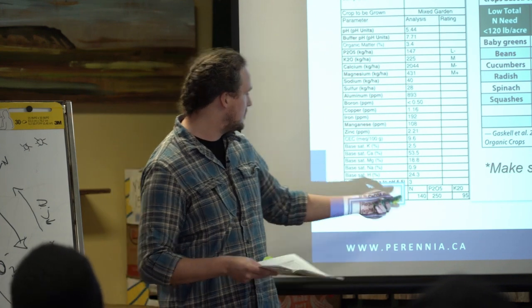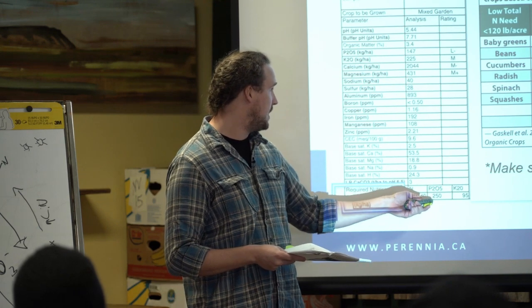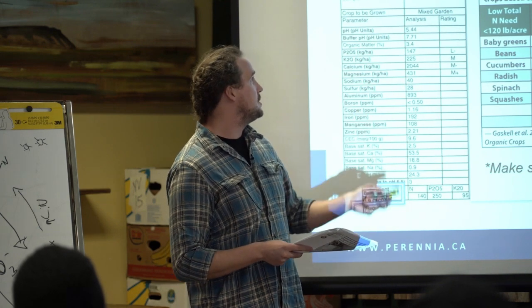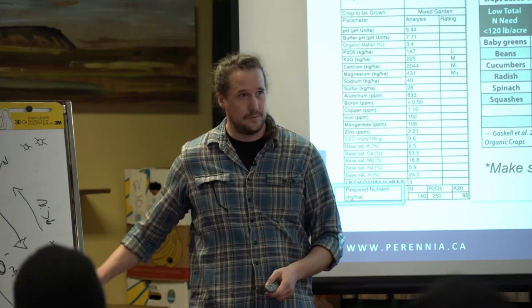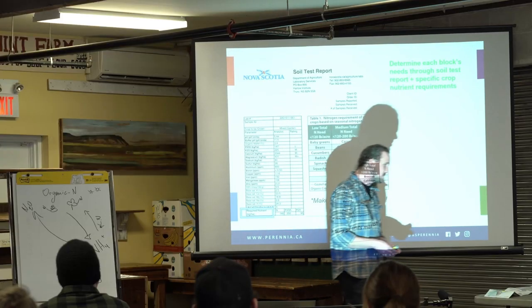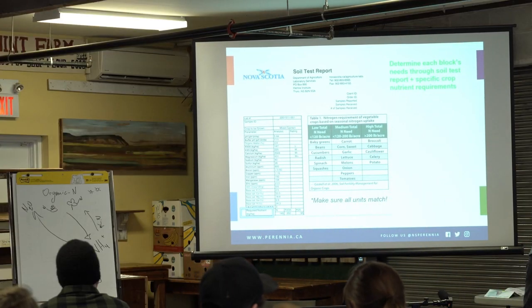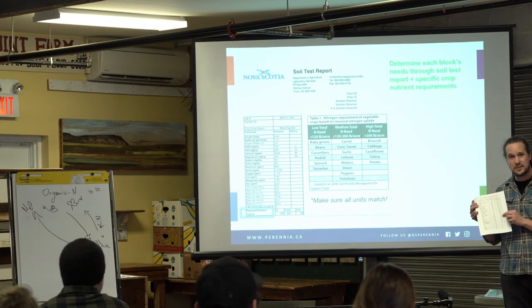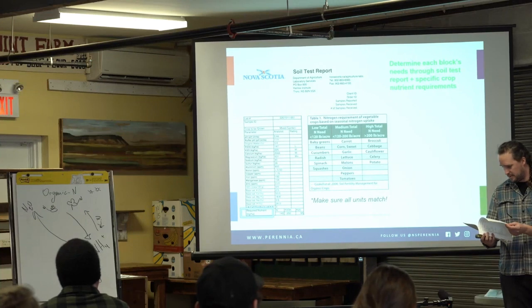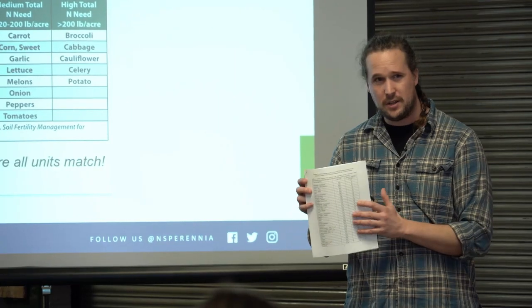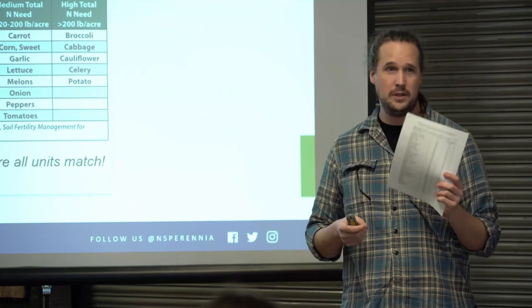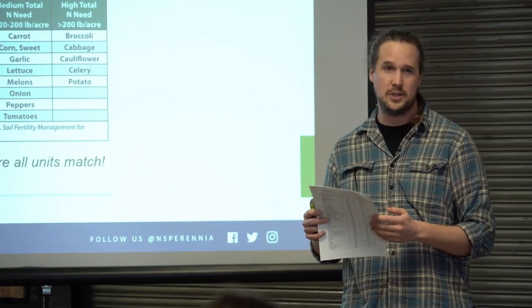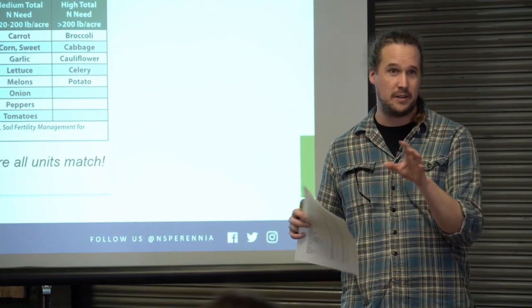Similarly, this P2O5 recommendation is based on a mixed garden. We have some handouts over here which are broken down to specific crops. So if you're just growing broccoli, you can use this and it's going to be a lot more accurate for you. This is from Cornell, so they don't use the Mehlich 3 like we do. But as Rosie said, you can still use the low, medium, and high to kind of gauge where you should be.